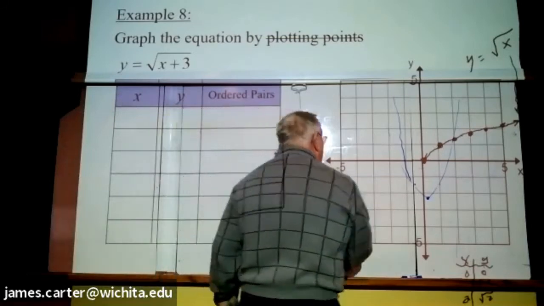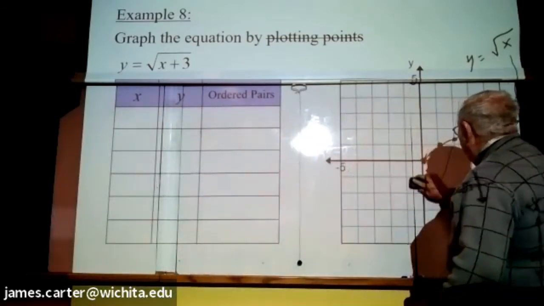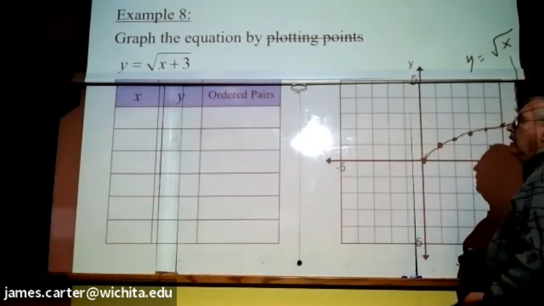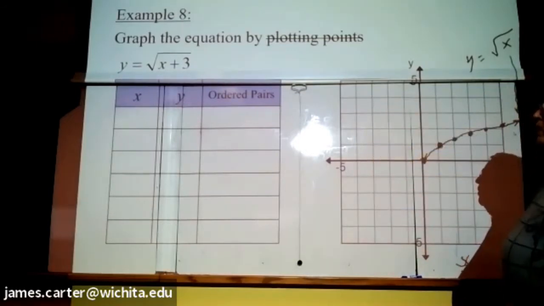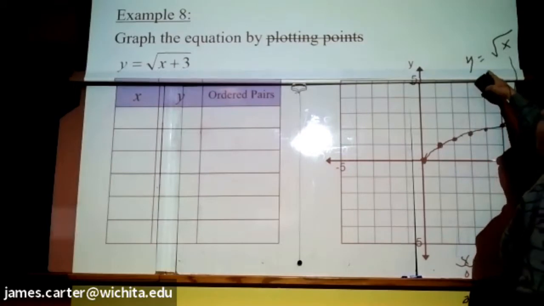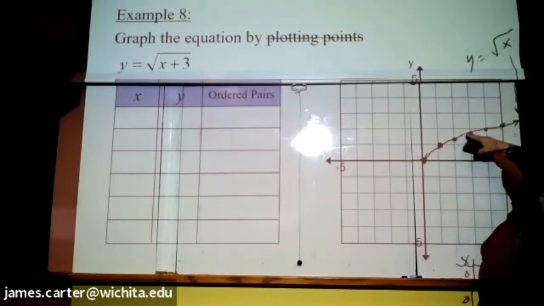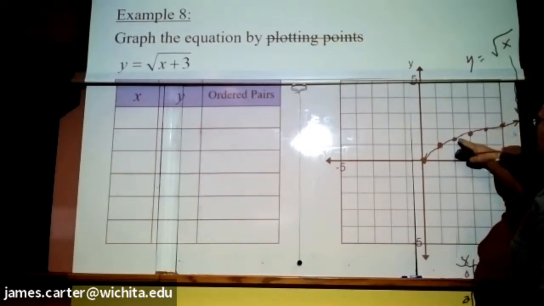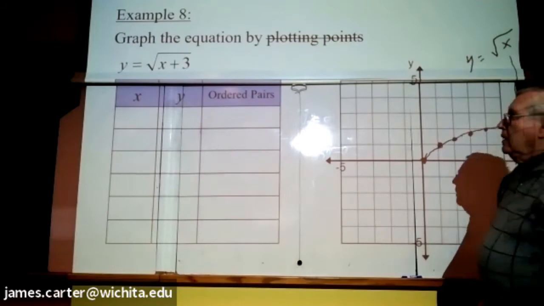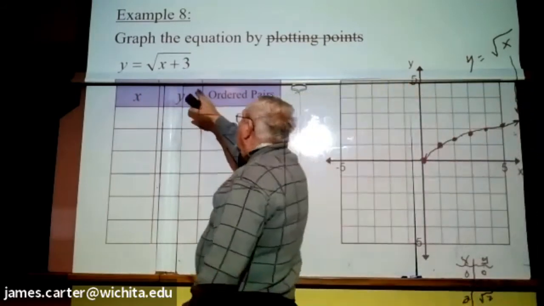Okay, here we go. Now, the equation y equals square root of x plus 3. Over here, I have graphed y equals just square root of x with no add-on. Okay? Now, here's a little trick.